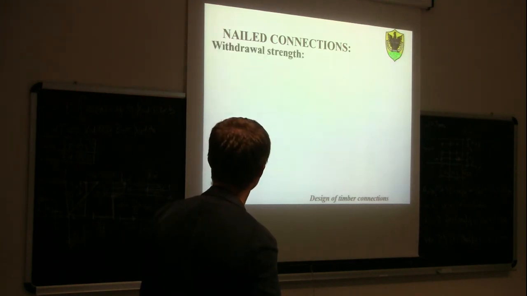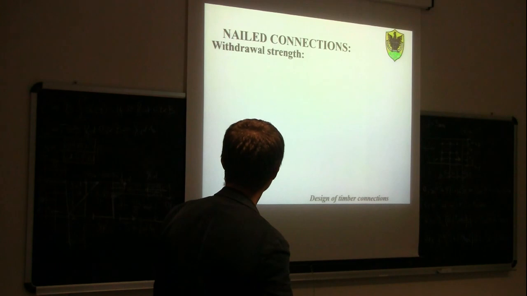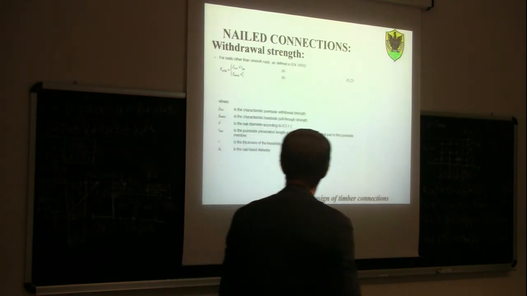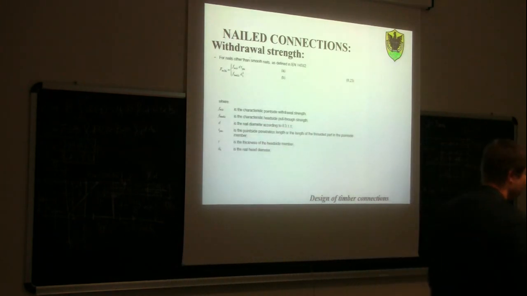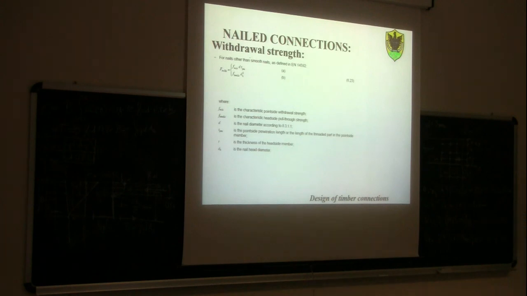Okay, now, to close this lesson about nails, we look at withdrawal strength. So far we have been talking about shear strength. What about withdrawal strength? Once we put the nails inside, what is the value of the force that we need to apply on the nail to extract it, to withdraw the nail?